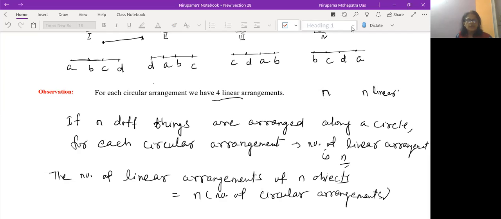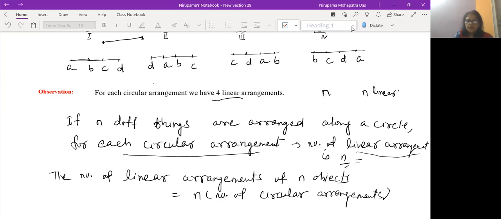Okay, I'm repeating this. So when we say for each circular arrangement, we have n number of linear arrangements, right? It means for n different things, if n different things are arranged along a circle, for each circular arrangement, number of linear arrangements is n. Or in other words, the number of linear arrangements of n objects equal to n times number of circular arrangements.